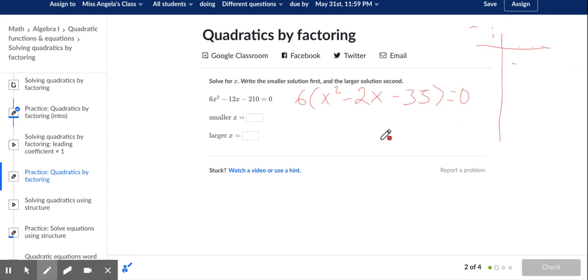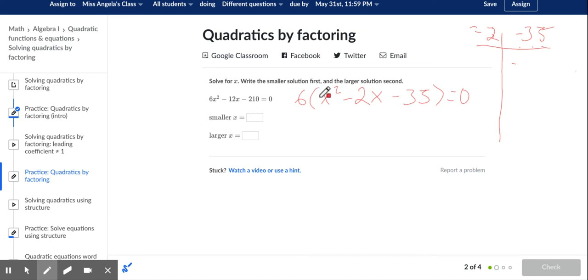So I can just say, okay, what multiplies to negative 35 and adds to negative 2? I can just ignore the 6 for now and work on factoring this part.